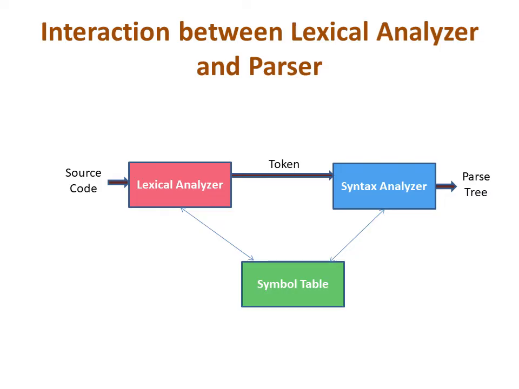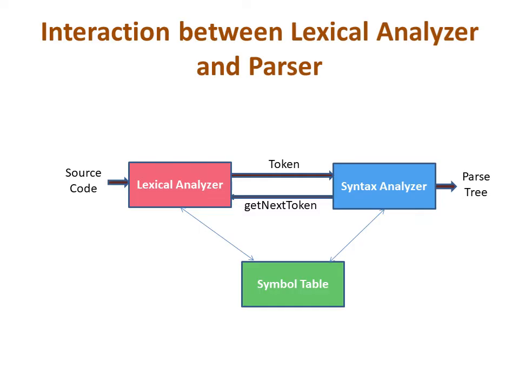But the actual working of the lexical analyzer and syntax analyzer is like this: the lexical analyzer scans the program token by token. So whenever a syntax analyzer needs a token, it will generate a get next token command. Only after receiving this get next token command, the lexical analyzer is going to scan the program and generate a token out of it. So the actual process is, it is not going to scan the entire program.